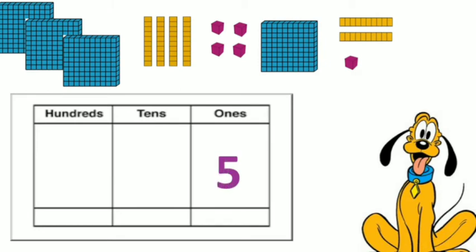Next we have to find the tens place value. How many tens blocks are there? 1, 2, 3, 4, 5, and 6. So totally 6 tens are there. Now check how many hundreds are there. 1, 2, 3, 4.